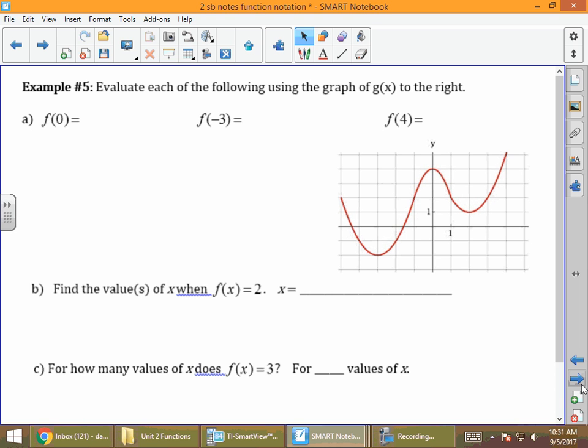I do have one typo here. It says evaluate each of the following using the graph of g of x to the right. And then I have all f's down here, so we're just going to change this to f of x to the right. But see if you can work ahead of me. What does f of 0 equal? See if you can get it before me.